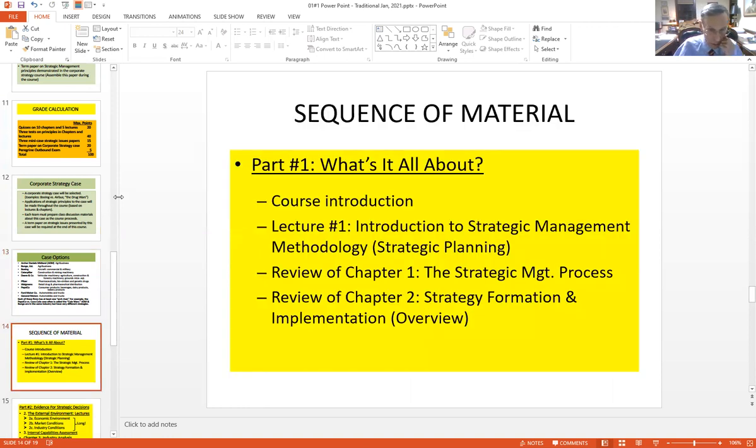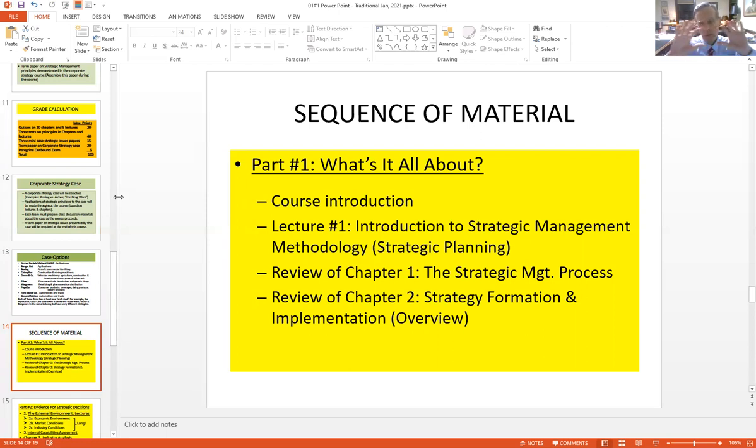Okay, so at this point, what I'm going to do is just run through the course and the sequence of activities. In part one, there will be the introduction that we're in now, the introduction to strategic management methods, and then a couple of chapters. The good thing about those two chapters is when you're done with them, you'll pretty much know what strategic management's about.